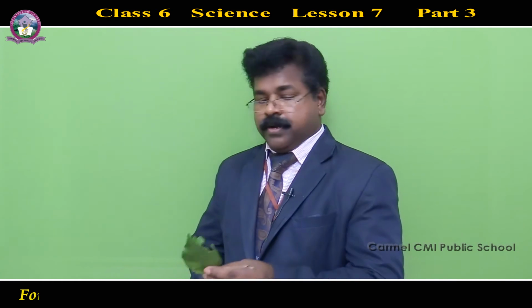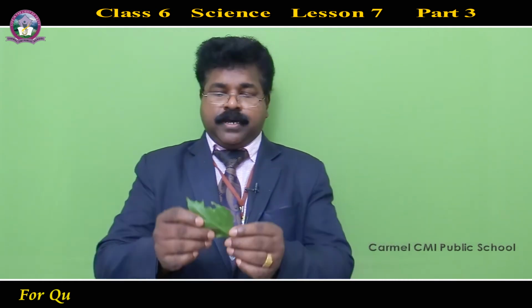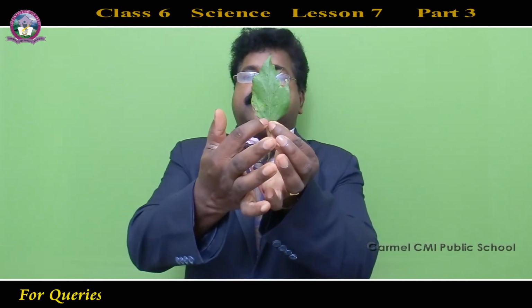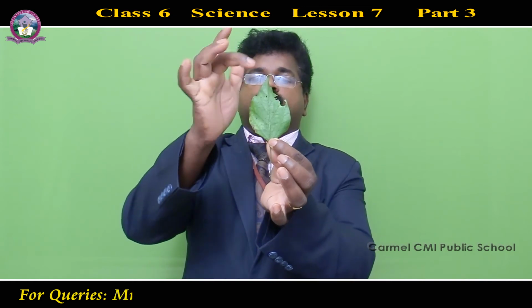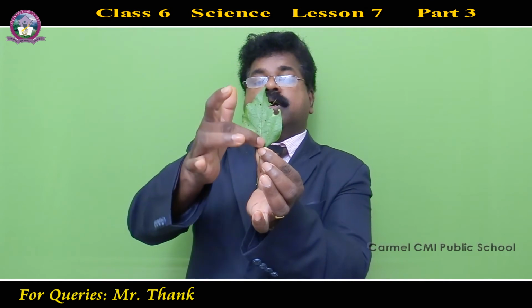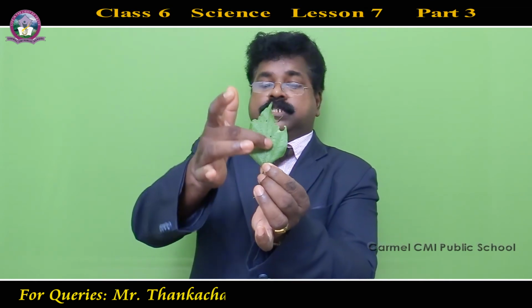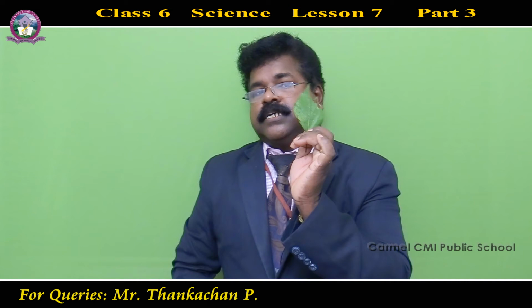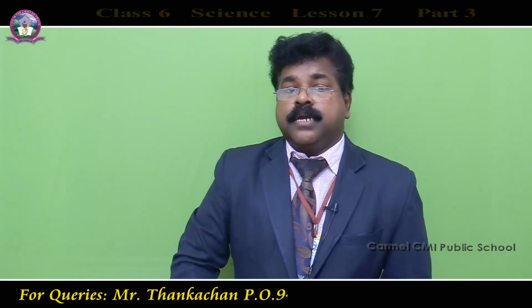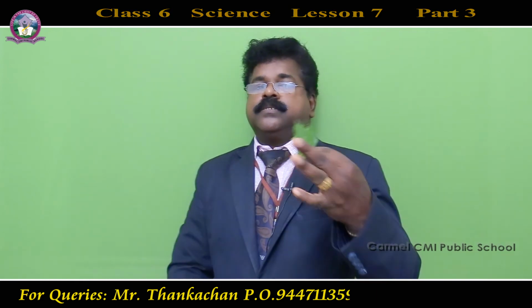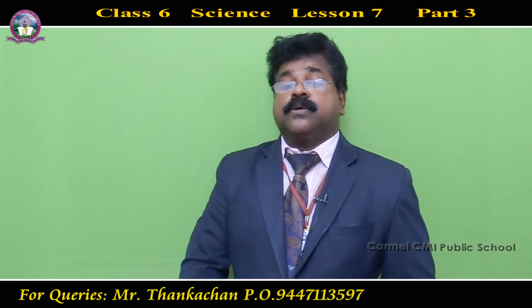Do you remember what midrib is? In the center of this leaf you can find a major vein passing through, and because this major vein passes through the middle portion of the leaf, it is known as midrib. The spelling is MIDRIB, midrib. In the middle, so it is mid. It is called midrib.